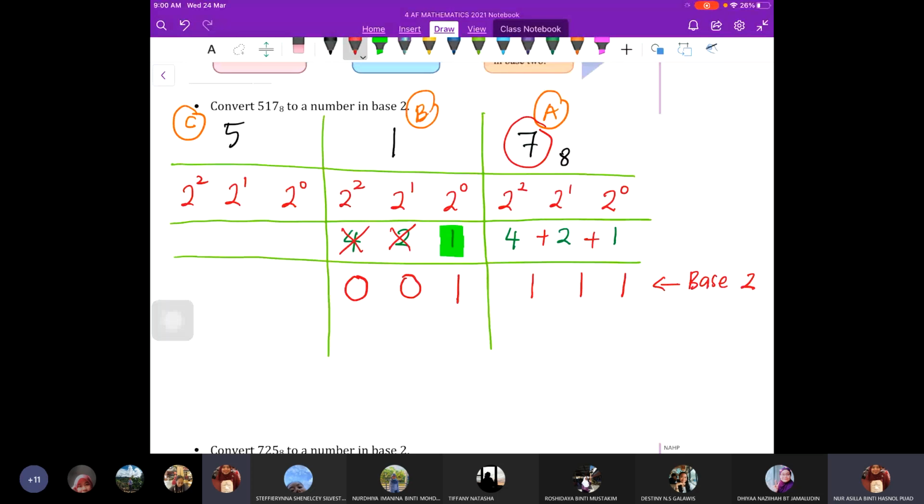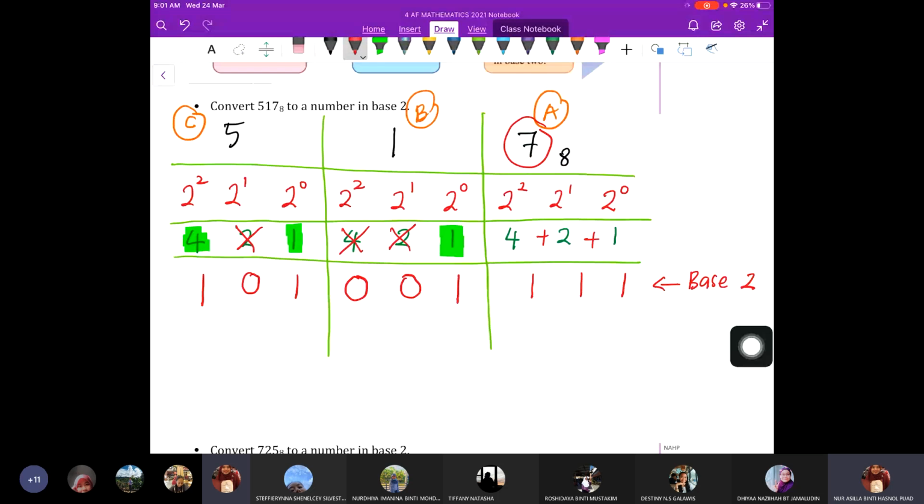Okay. 5. Okay, kepada 5. So 5, nak dapatkan 5, kombinasinya mesti 4 dan 1. Saya tak mahu 2. Jadi bawah 1 kita letak 1, bawah 2 kita letak kosong, bawah 4 kita letak 1. Kenapa kita letak 1 dan kosong je? Kerana nak tukar kepada base 2, digit dia kosong dan 1 sahaja.